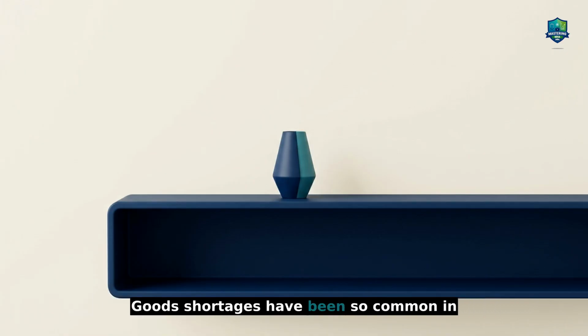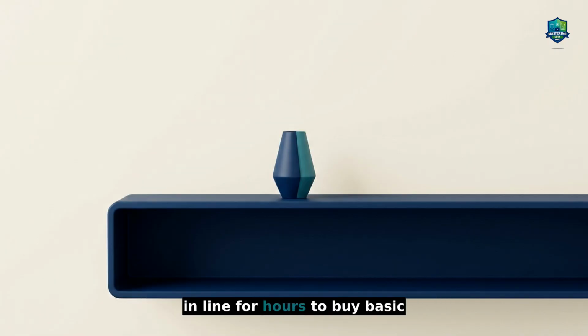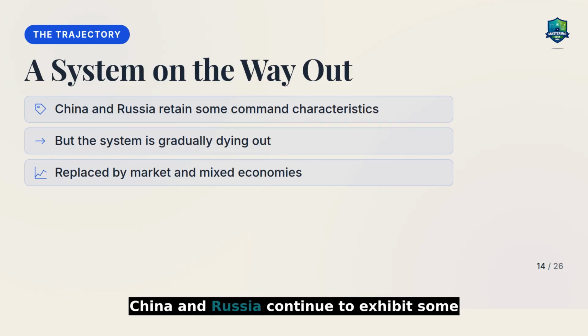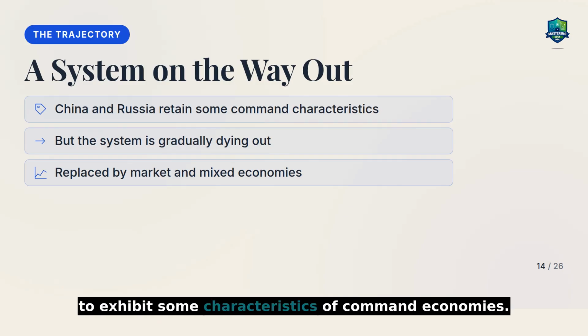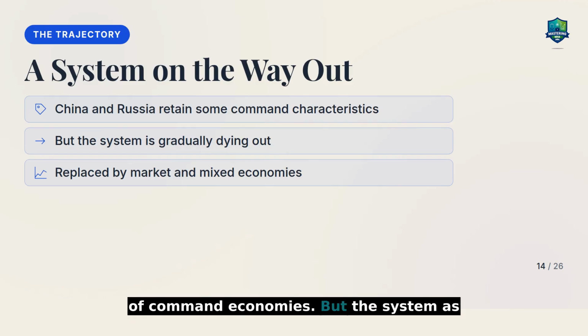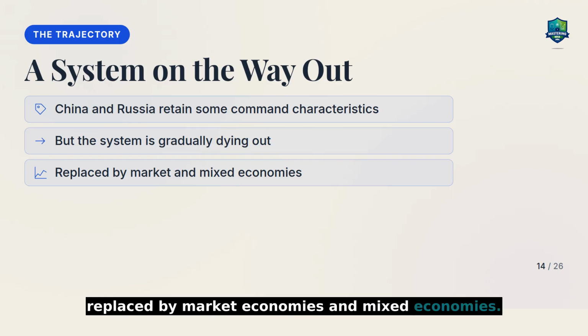Goods shortages have been so common in Venezuela that people often wait in line for hours to buy basic necessities such as sugar and bread. China and Russia continue to exhibit some characteristics of command economies, but the system as a whole is gradually dying out, being replaced by market economies and mixed economies.